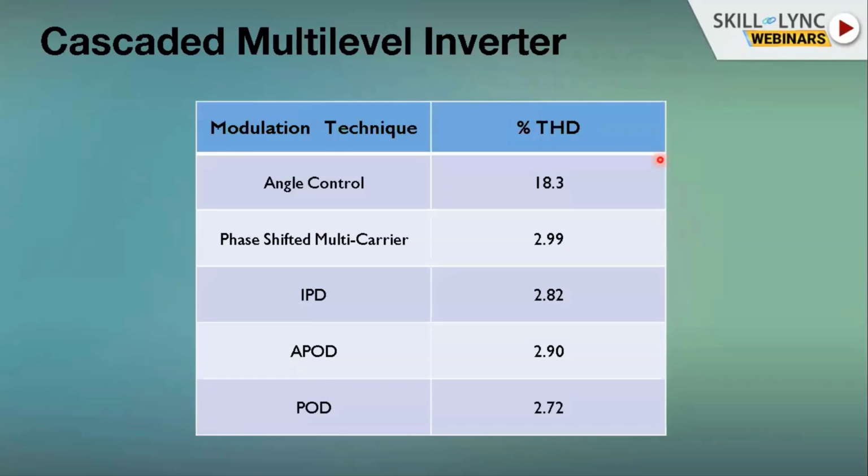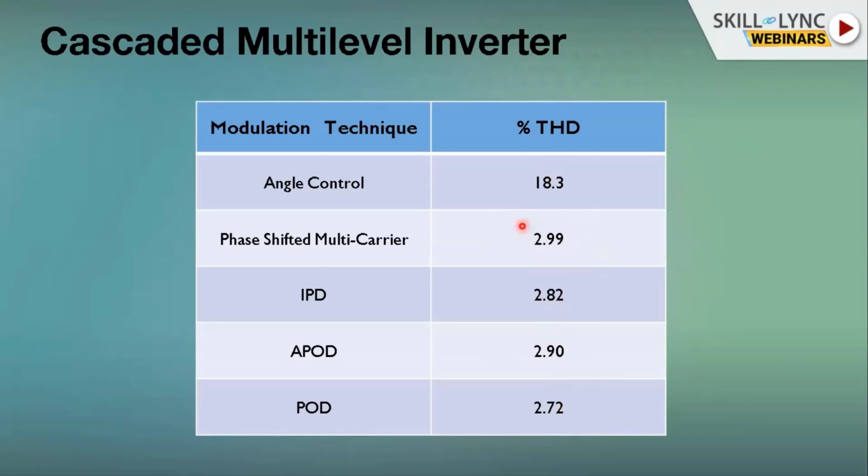This was just a comparison I did some time back. The purpose of showing you this is how close these techniques are, and the percentage THD is very similar: 2.9, 2.8, 2.9, 2.7.